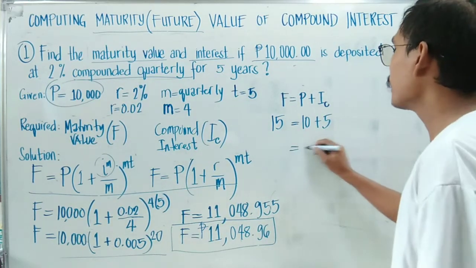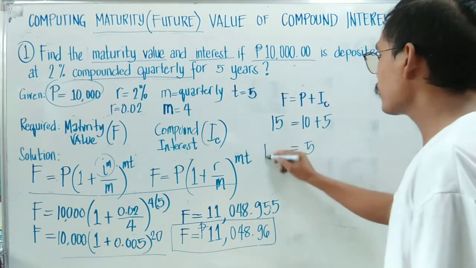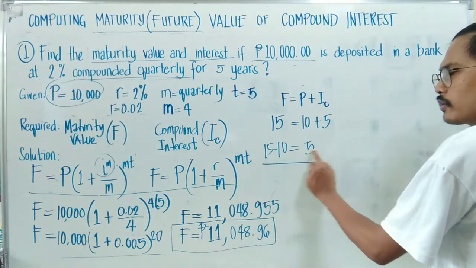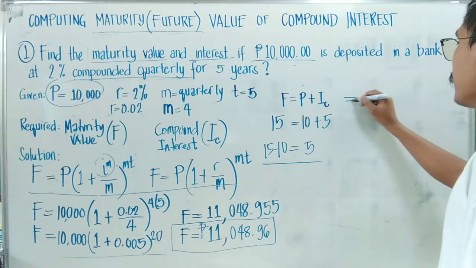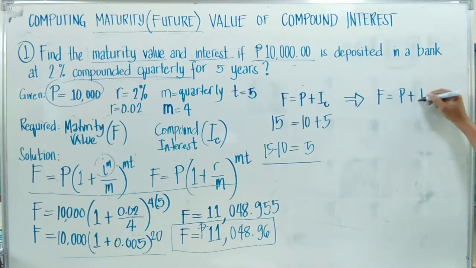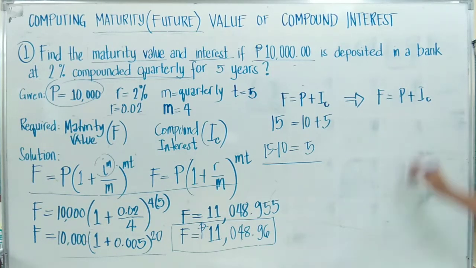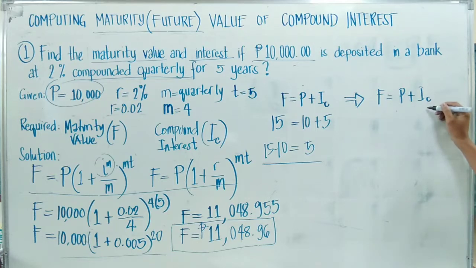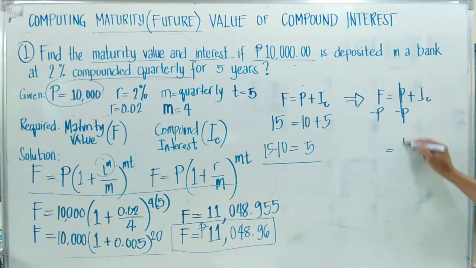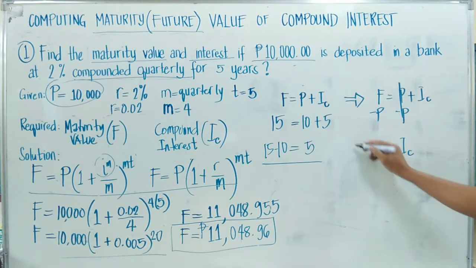Okay, if you will have to get this 5, you have to subtract 15 minus 10 equal to 5. So that thing is just like this one. F equal to P plus I sub C. To isolate I sub C on the other side, minus P minus P. P will be eliminated. What's remaining is I sub C.